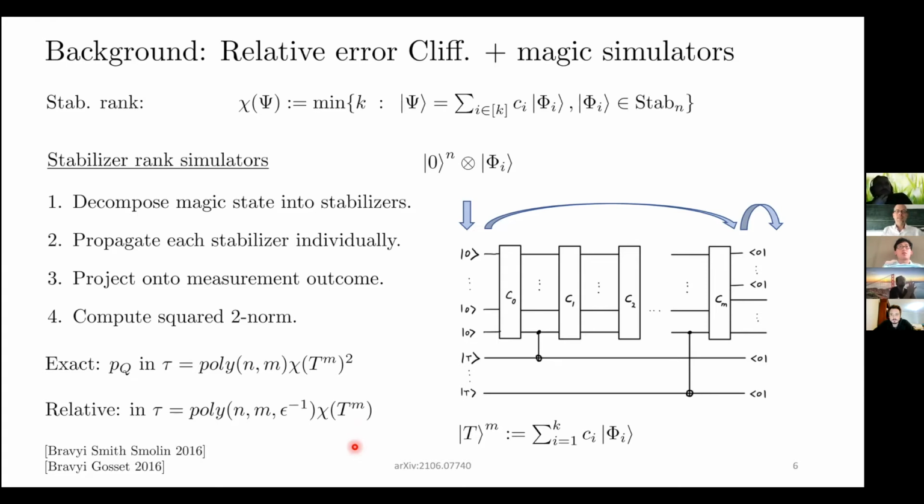Oh, for a fact the T states can be decomposed because the stabilizer states include the computational basis states, which are a basis for the whole Hilbert space. Oh, okay. So you always know that you at least have a decomposition in 2 to the number of qubits, but you can do better. I see. And you might be able to do better in general. Okay, thank you.